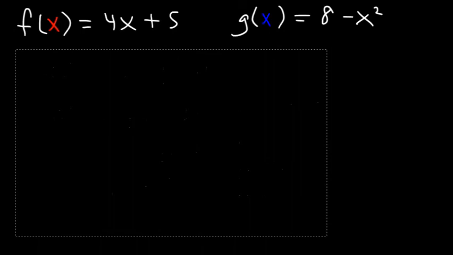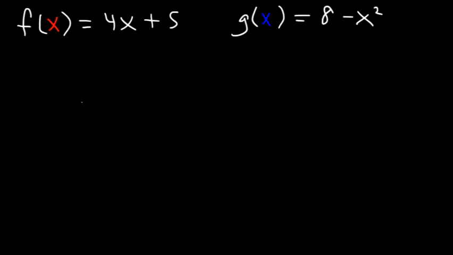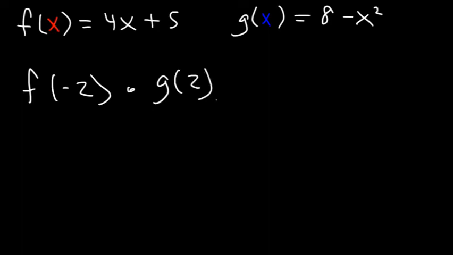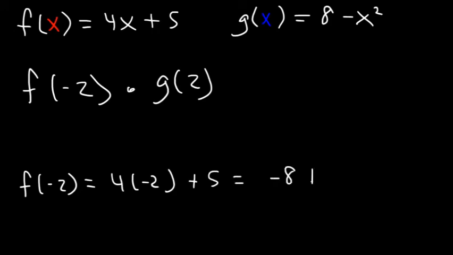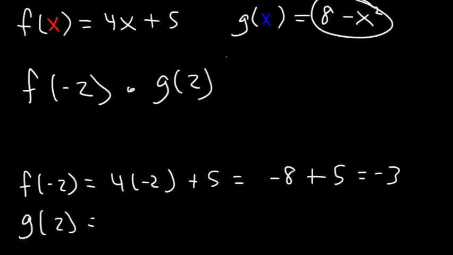Let's try another example. So what is f of negative 2 multiplied by g of 2? So let's do it separately. Let's find f of negative 2 first, using this formula. So it's going to be 4 times negative 2 plus 5, which is negative 8 plus 5, and so that's negative 3. Now let's calculate g of 2 using this equation.